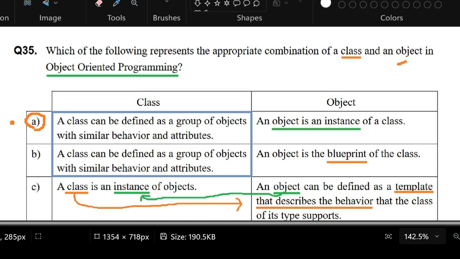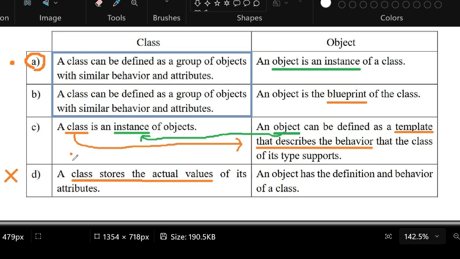Alright? Now, actually, I think that we can find these words, instance and object, again in the other choices. And what we can find is that for C, it's saying that a class is an instance of objects. And in fact, I think that the class is the template that describes the behavior, in the same way that a blueprint is supposed to be the template that describes the behavior that the class of its type supports.